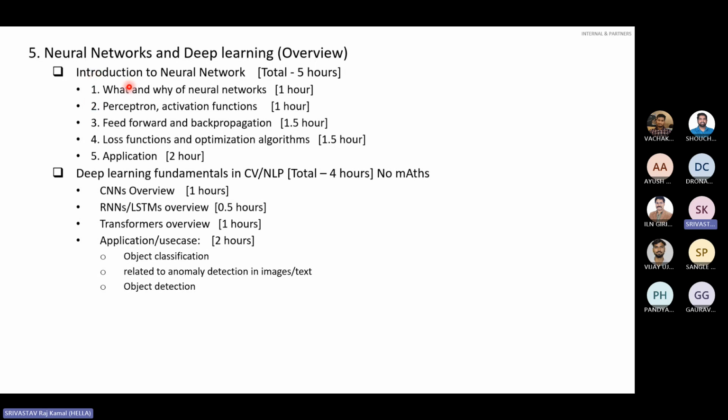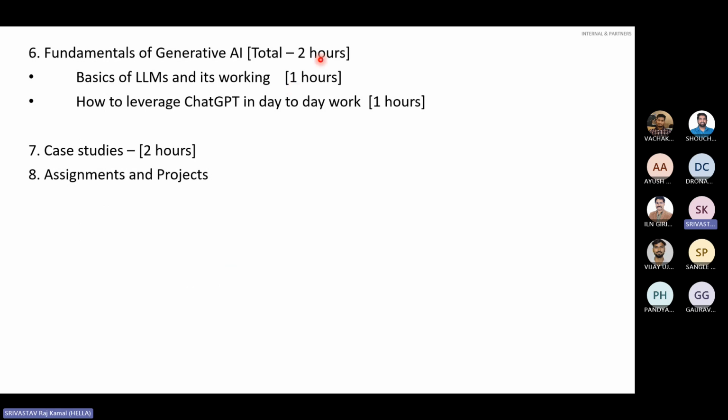How neural networks work, how computer vision based object detection works, and then this part would be increased. We're going to use LLMs, how you can leverage LLMs in your day-to-day life, writing agents. Then there would be a case study. Finally, there would be the assignment project.